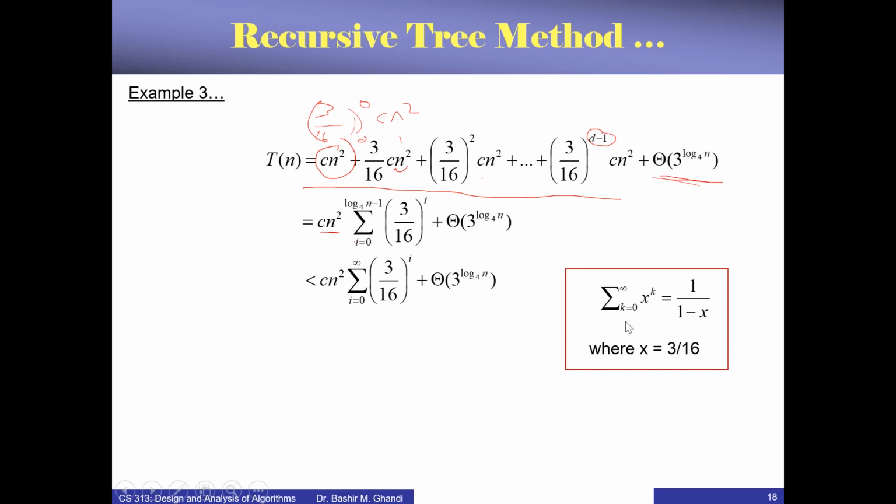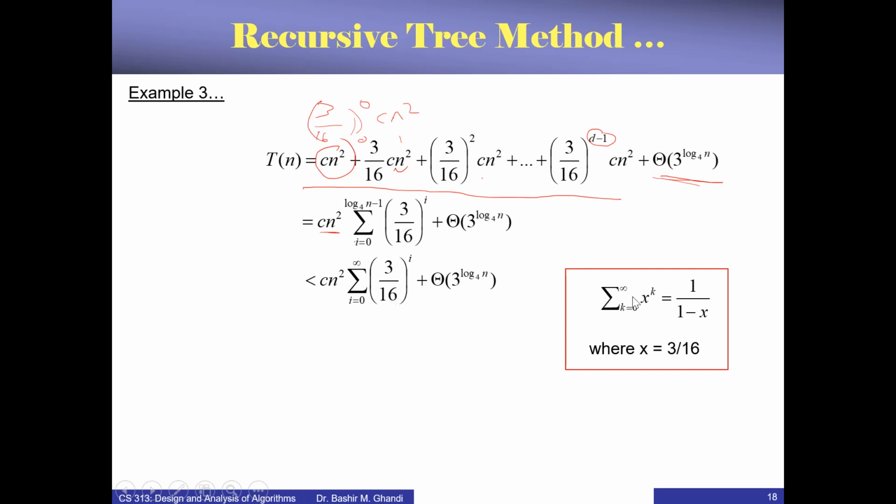And now, if you check, there is a document I put on the Blackboard which gives some common summation formulas. One of them will allow us to simplify this term. It says the summation of x to the power k, provided x is a fraction less than 1, and we have less than 1 here. 3 over 16 is less than 1.